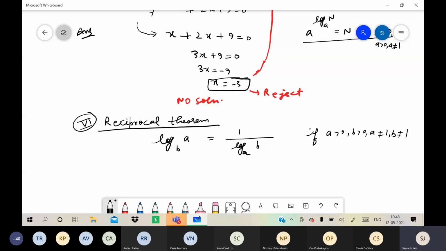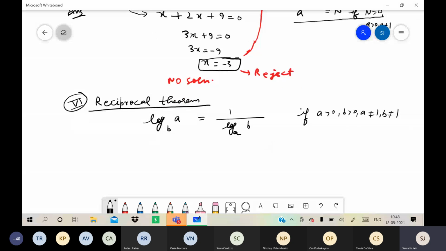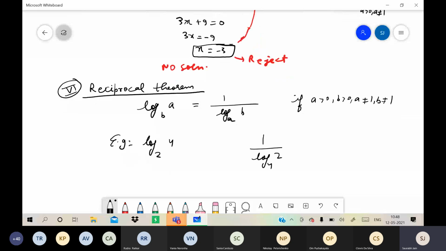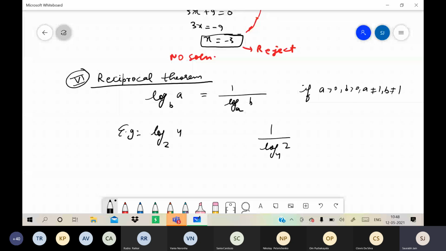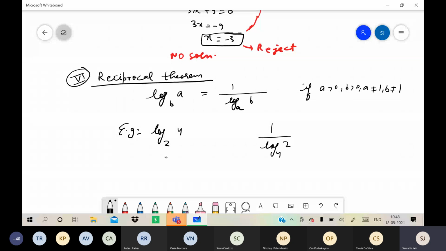For example, if we find this value and if we find this value, then both will come the same. You know why? Because log 4 base 2, you already know it is 2, correct? What should be the power of 2 so that the answer is 4? 2. What about this one? Who can tell me what should be the power of 4 so that we get 2?